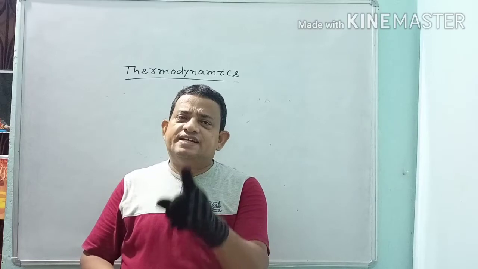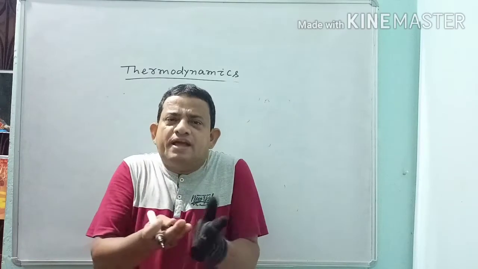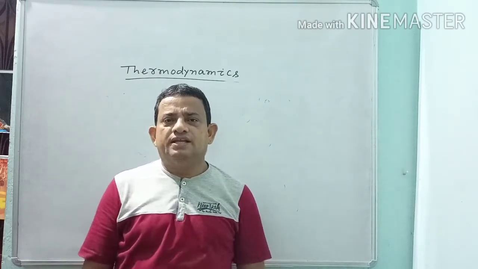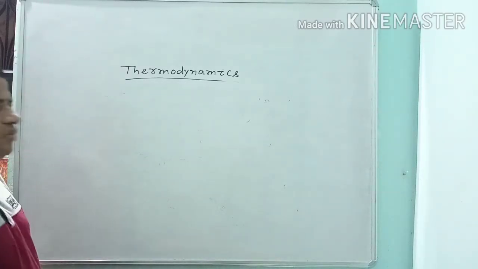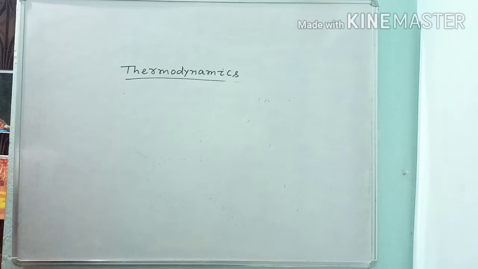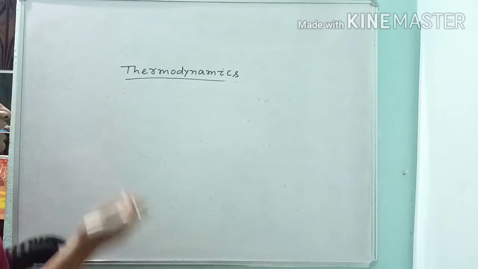So that state is described by an equation, and that is what your equation of state. So what is the equation of state? Mathematical relation between pressure, volume, temperature of a thermodynamic system.